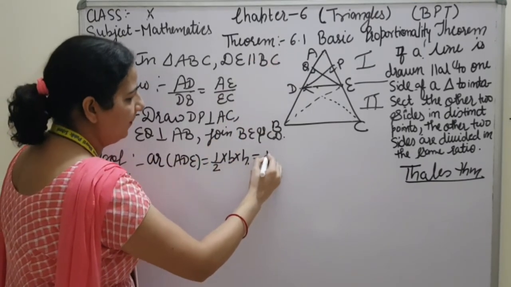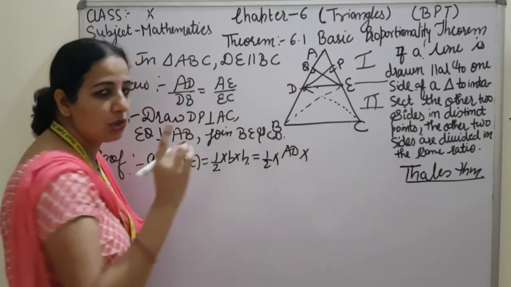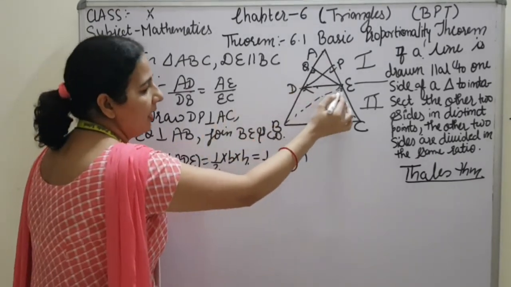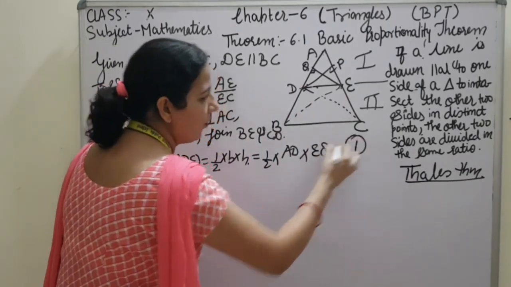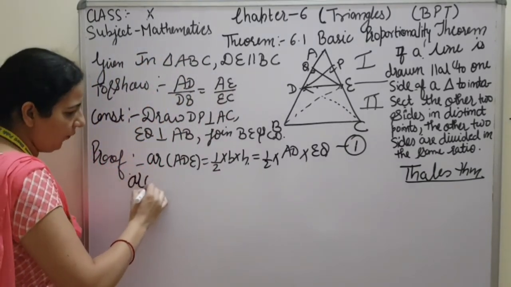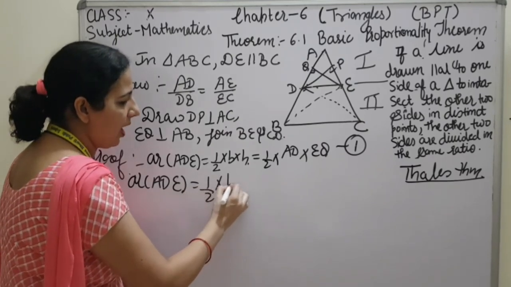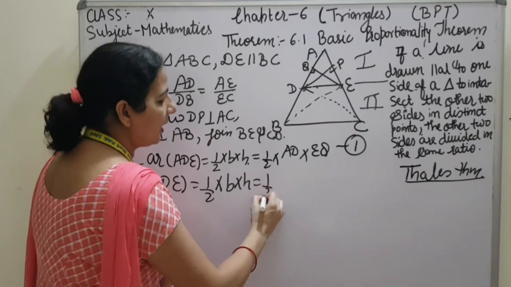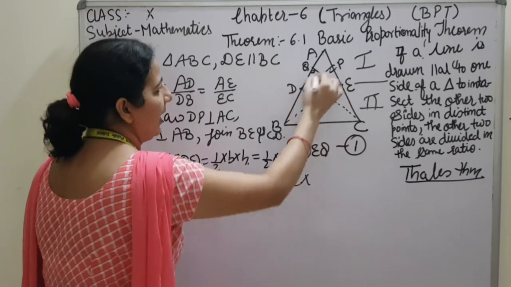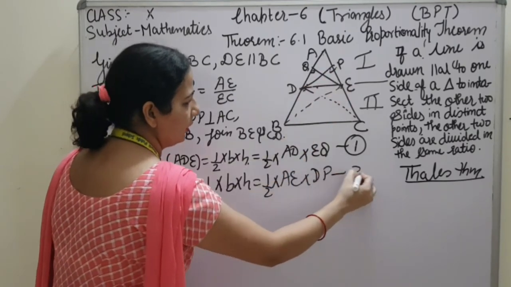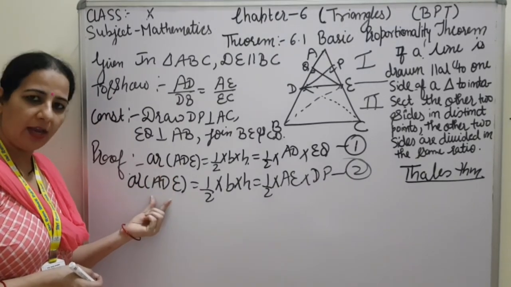So I have written here half into AD. I have taken base AD. If you choose base AD, then height will be EQ. Name this statement as 1. Now I am again going to calculate the area of ADE using the same formula, half into base into height. Half into base AE, and if base is AE, height will be DP, that is the perpendicular on this. Now I think you all agree, this is the area of ADE, this is also the area of ADE.